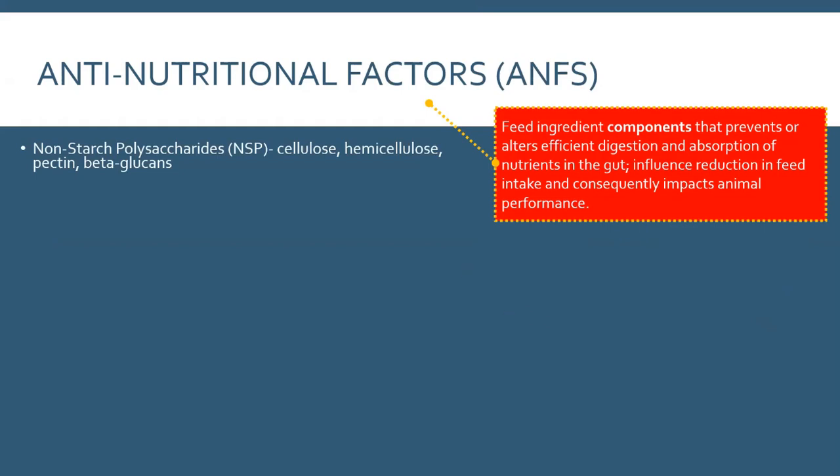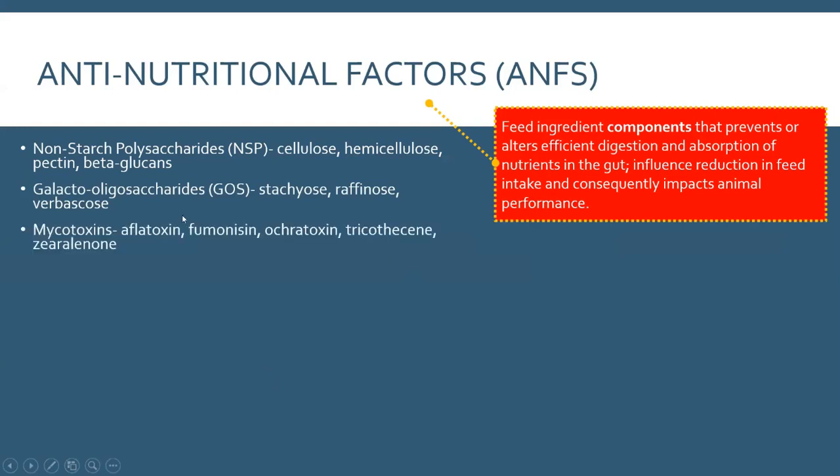Some of these anti-nutritional factors are the non-starch polysaccharides. So it is usually of cellulose, hemicellulose origin, pectins, those NSPs that we find in cereals and grains and legumes that we use in our feed ingredients. Galacto-oligosaccharides, particularly the stachyose, raffinose, and verbascose, are mostly found in soybean.